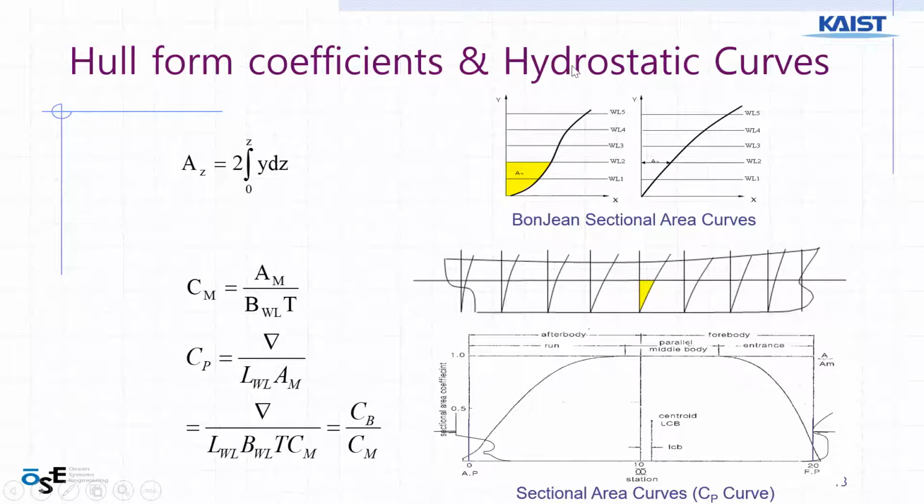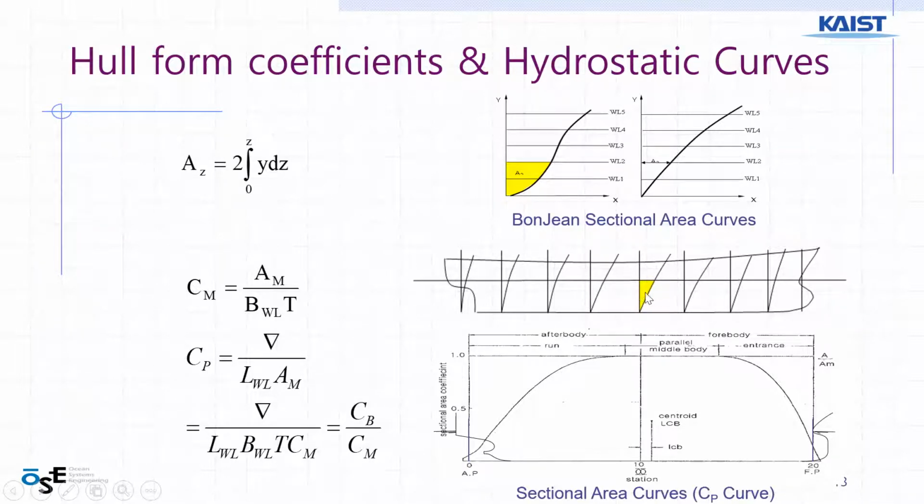Then the area can be calculated by dividing into very many narrow strips, with the curve approximated by straight lines, and then you can approximate the area of this section.